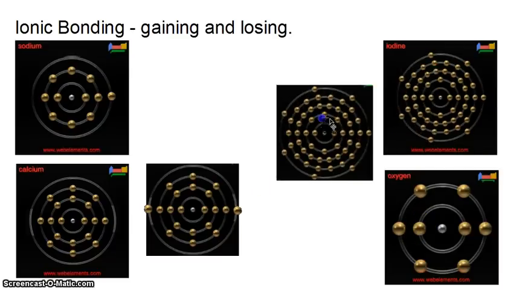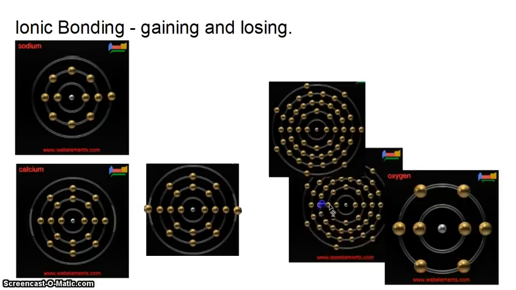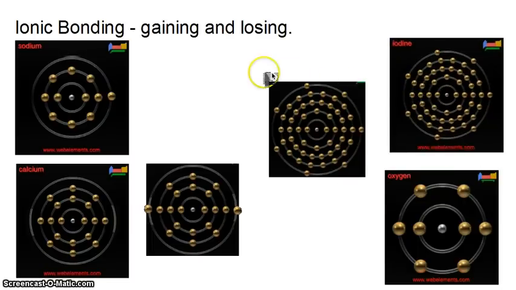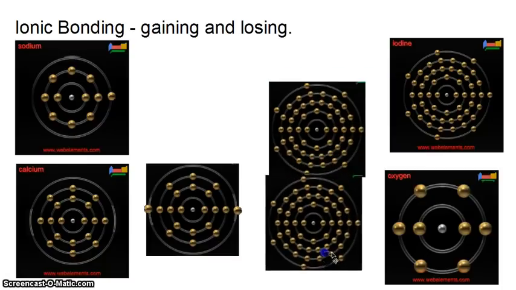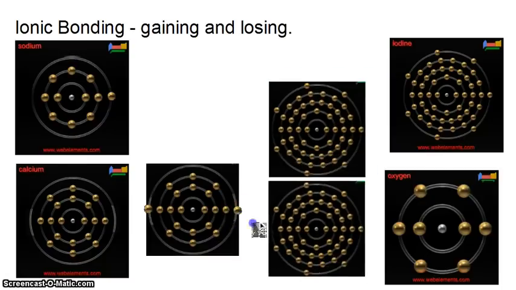Or you could take 2 different iodines. And then 1 electron from the calcium could go to one, and 1 electron could go to the other. So I make a calcium 2 plus ion and 2 iodide I minus ions.